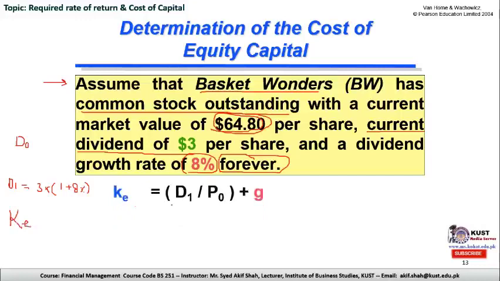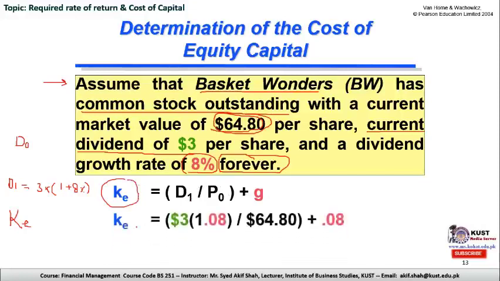So the formula to calculate the cost of equity in this case was KE is equal to D1 divided by P naught, which is our current market price, plus the growth factor. So KE is equal to D1 into this factor 1 plus G, which will come up with 1.08.